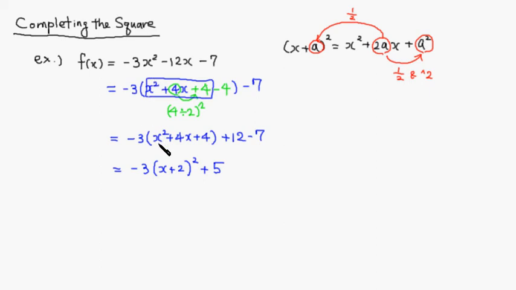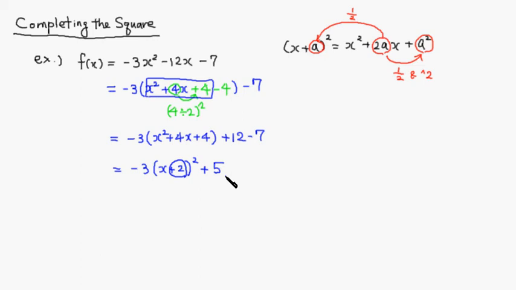In order to find the vertex, all you really have to do is look at this number, a positive 2. Remember that the positive 2 inside the parentheses is actually shifting left. Originally the vertex is right at the origin, so it's going to go to the left.